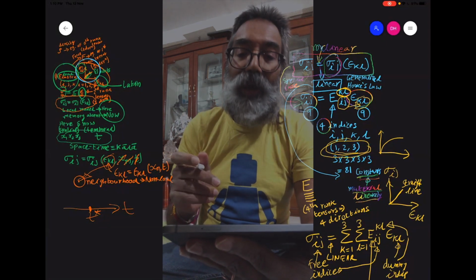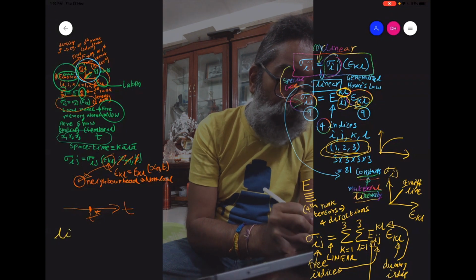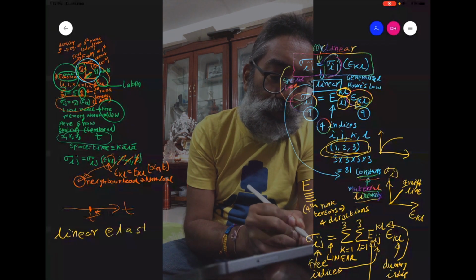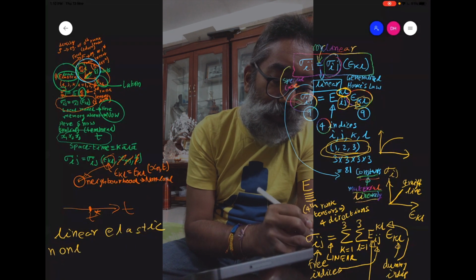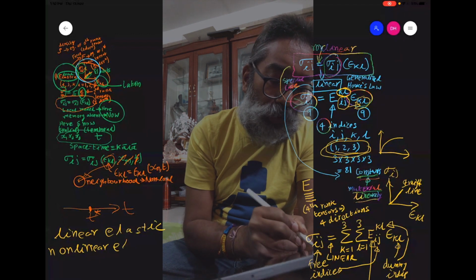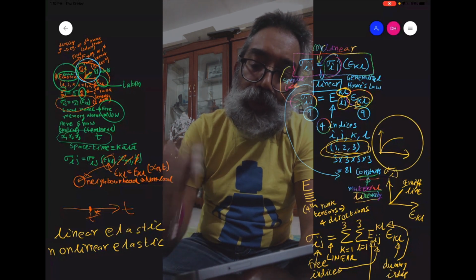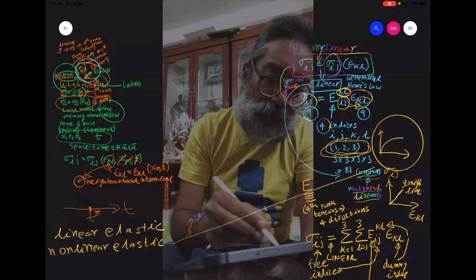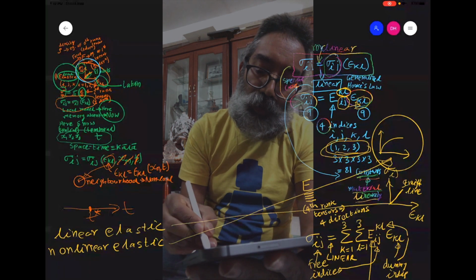So you can have in general various combinations, like you can have linear elastic, which is what we will be dealing with. You can have non-linear elastic, which is what we had shown in that first picture. That is basically this. We had shown the non-linear elastic. So this is basically that. And the linear elastic is over here.